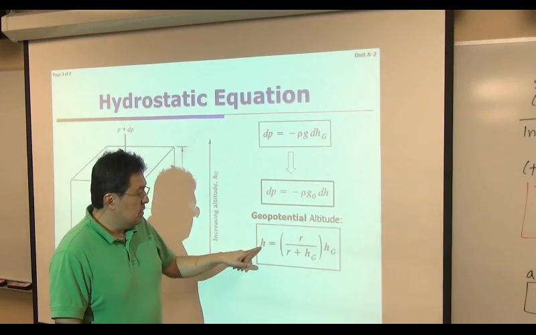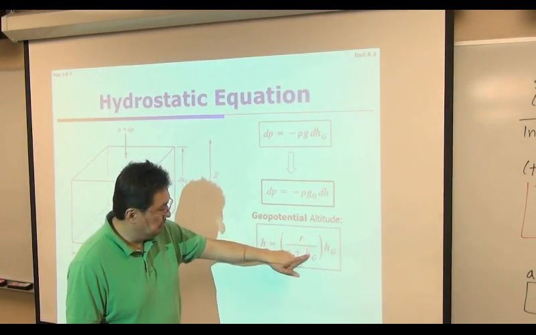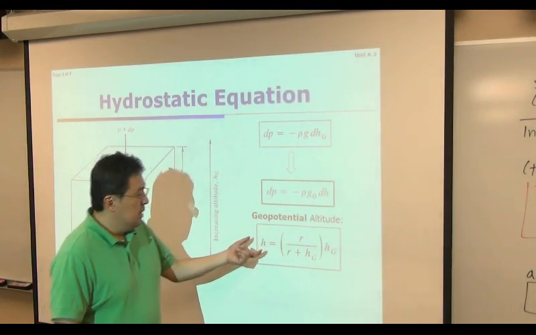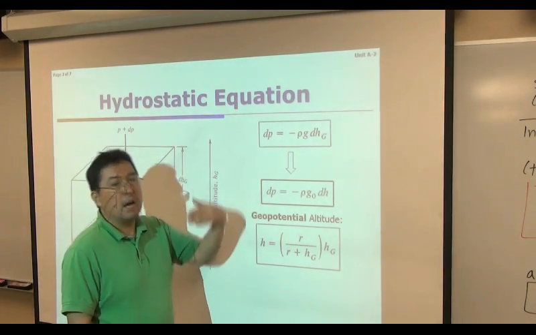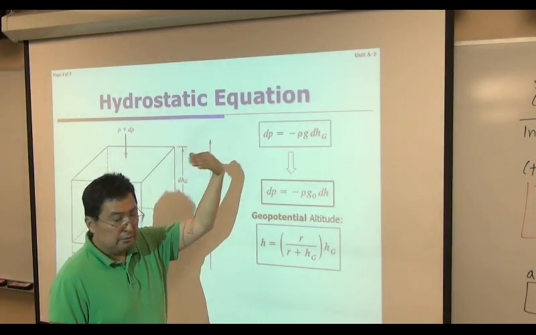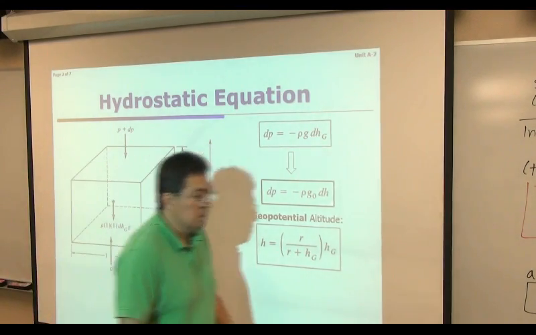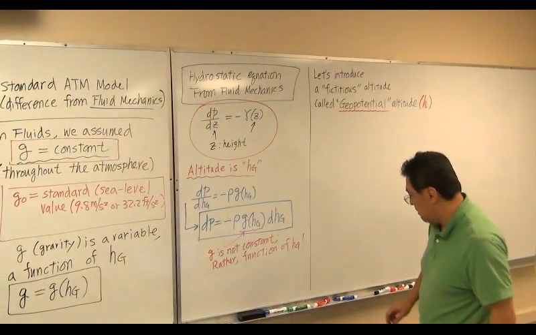However, this h is defined by hg as well as the radius of Earth. So this is going to tell you the equivalent altitude if the gravity doesn't change. Let me explain in a little more detail. What's the meaning of geopotential altitude, which is kind of finicky?